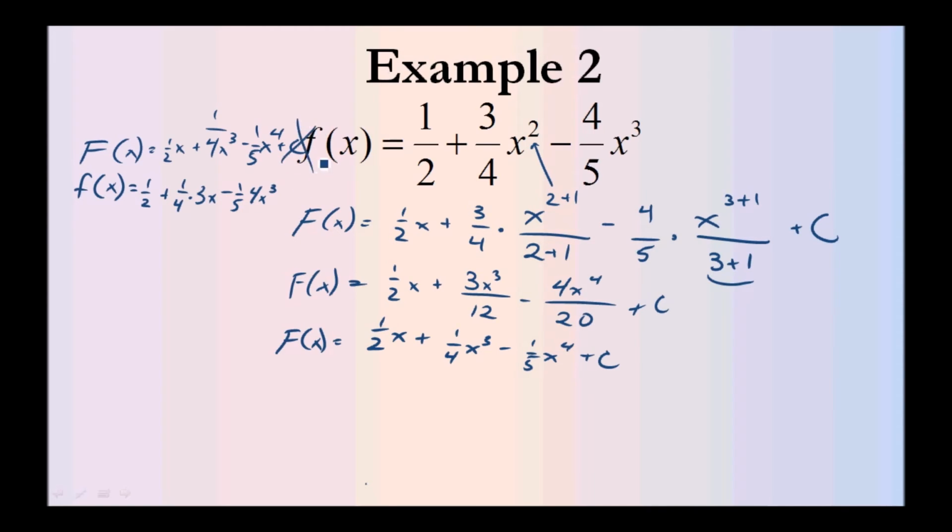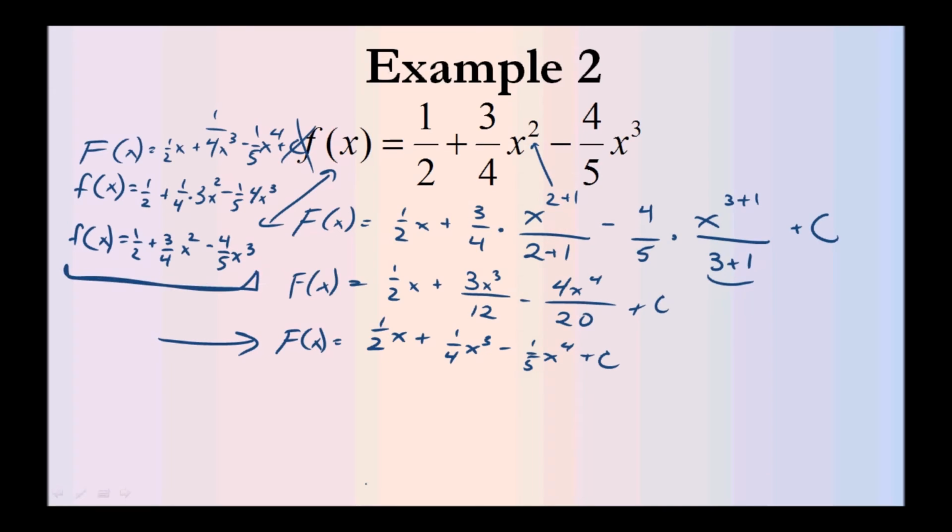The constant is removed because the derivative of a constant is 0. Therefore, f of x is 1/2 plus 3/4 x. Excuse me, there was a squared here: 3/4 x squared minus 4/5 x cubed. We can conclude the antiderivative here is valid because the derivative of that antiderivative is the original function.